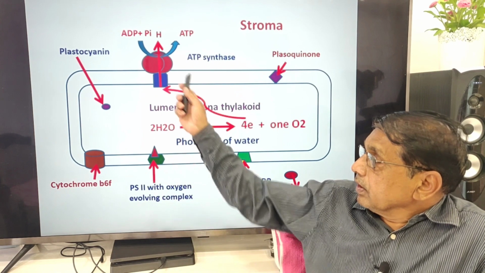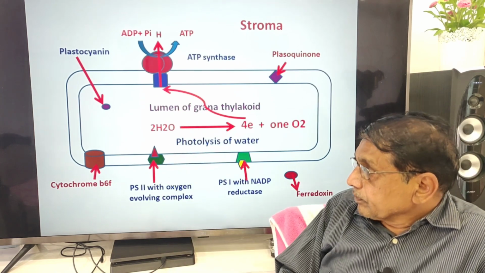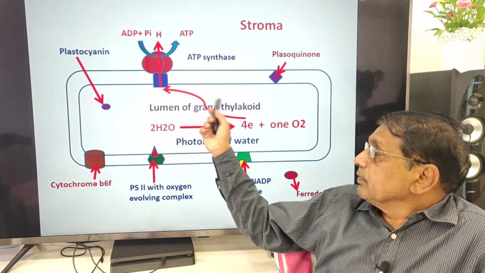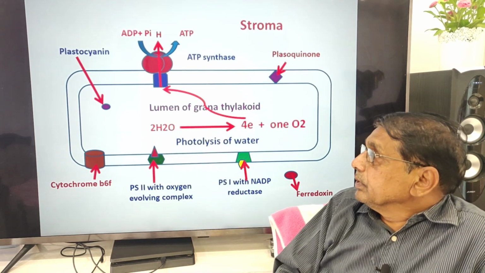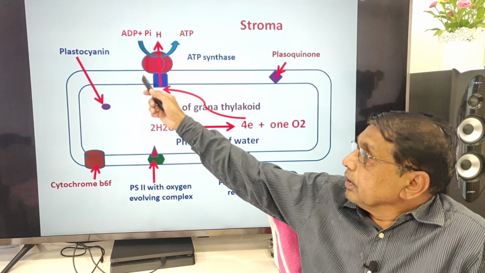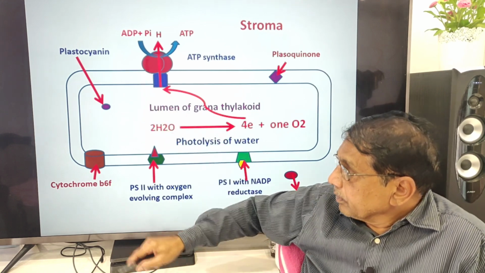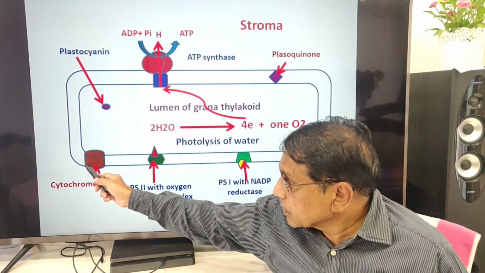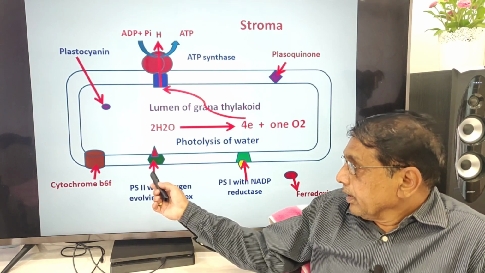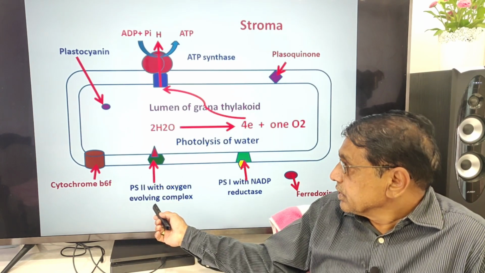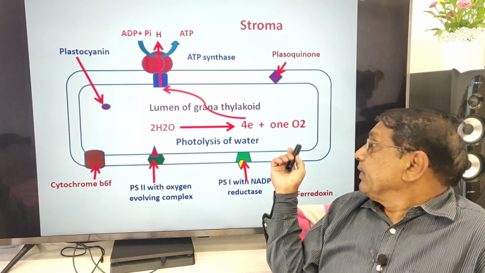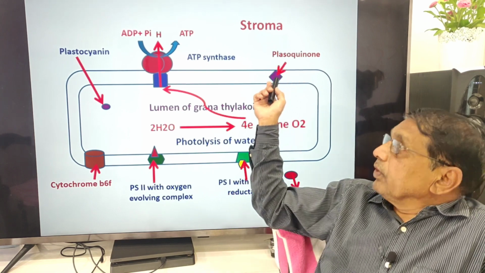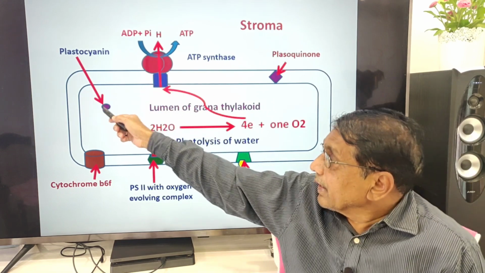So this is once again for you to see. This is the lumen of the granal thylakoid where photolysis of water takes place, and the outer membrane, inner membrane, the cytochrome b6f, photosystem 1 and PS2 with oxygen evolving system, PS1 with NADP reductase, ferredoxin, plastoquinone, plastocyanin.